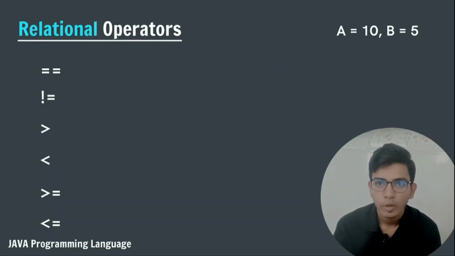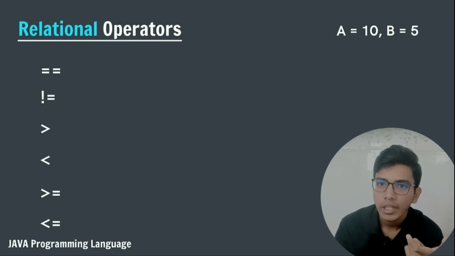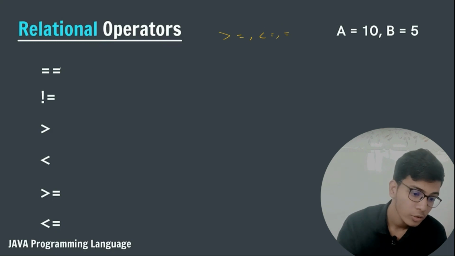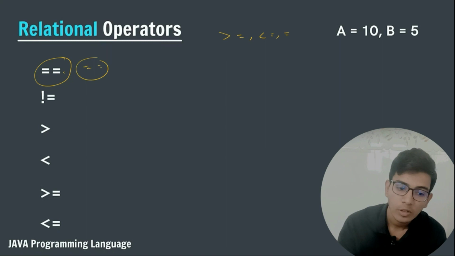Now let us talk about relational operator. A relational operator is nothing but comparison between two operands. In maths we used to do, right, greater than or equals to, less than or equals to, or equals to. Here in Java we use two equals symbols to compare if two values are equal or not.